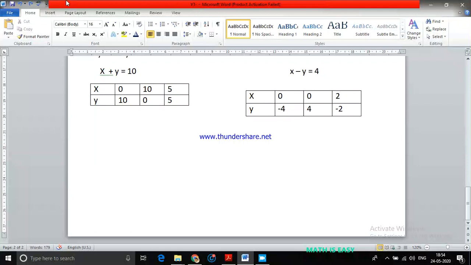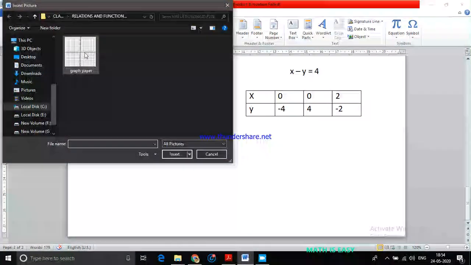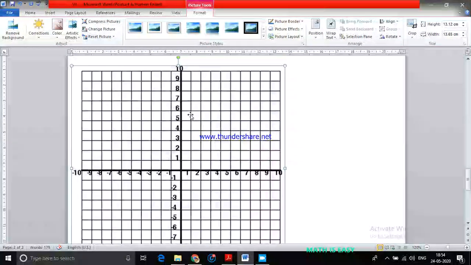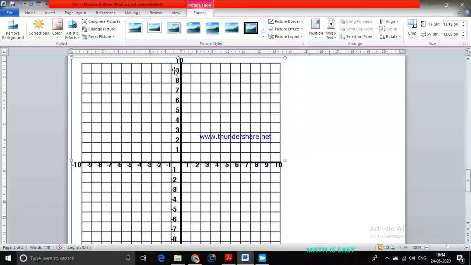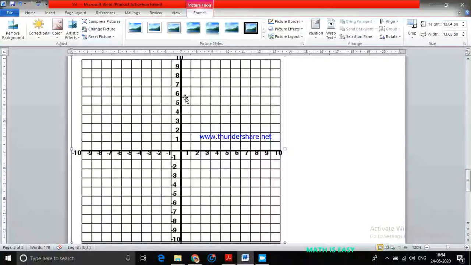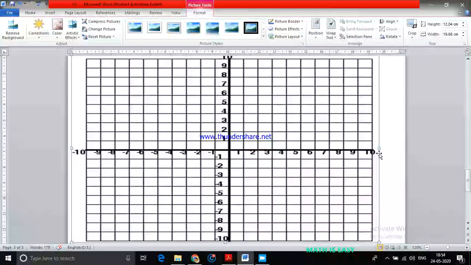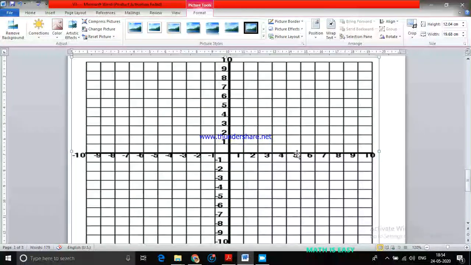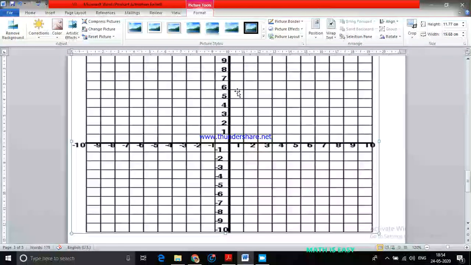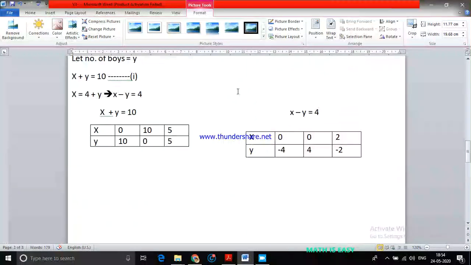If both the tables are ready, then we need that graph book. Let's simplify this so that all the values are visible to you. Now what is my first point?